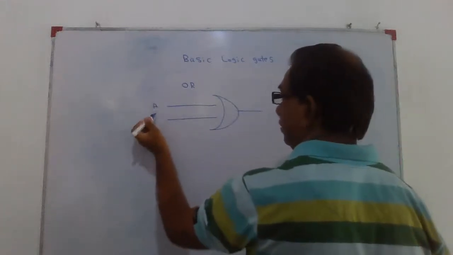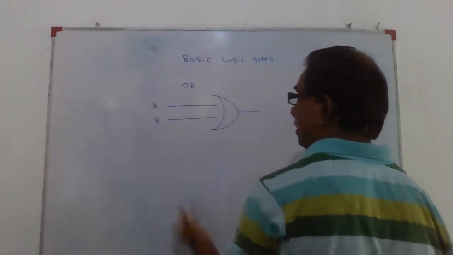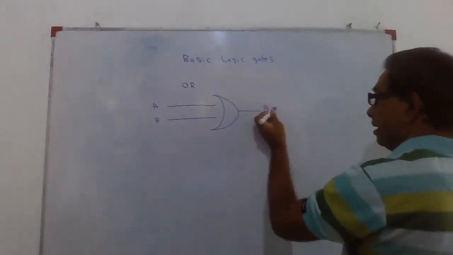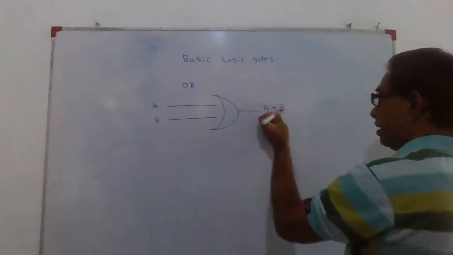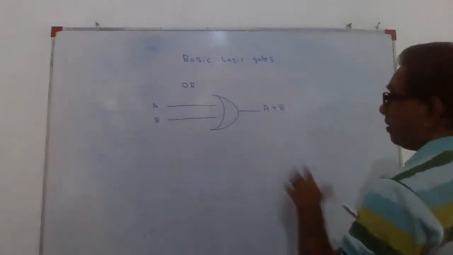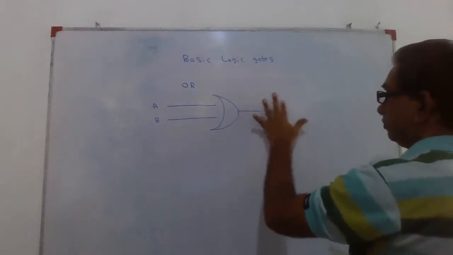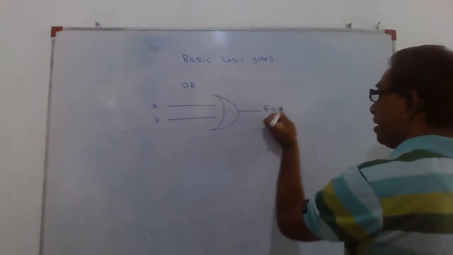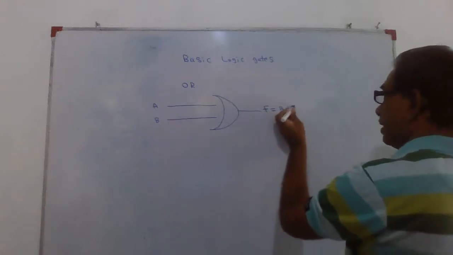A and B are the inputs, so the output can be A OR B. Now, you can write the Boolean expression here. You say F equals A OR B.